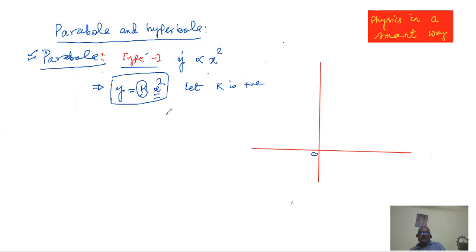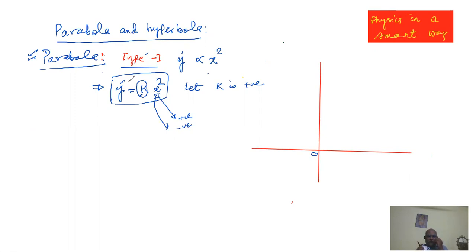My point is that x can be positive, or x can be negative. Even if x is positive or x is negative, because we have assumed k is positive, y is always going to come out as positive.